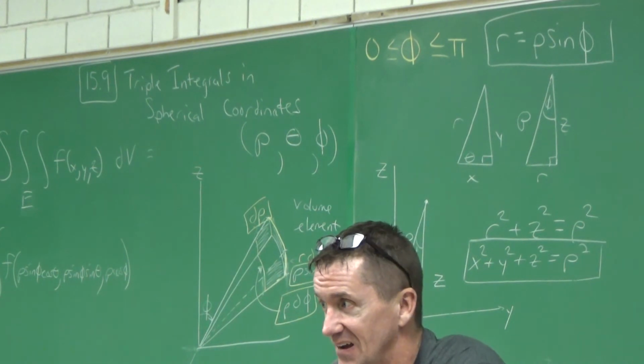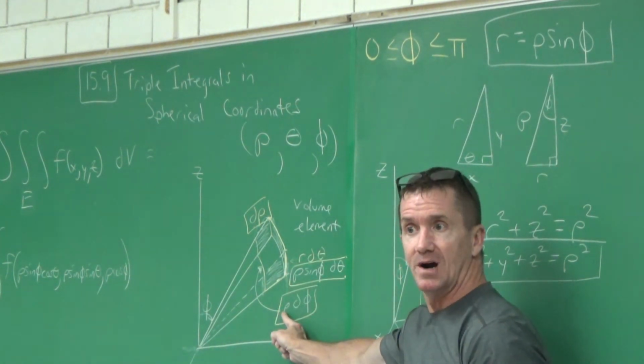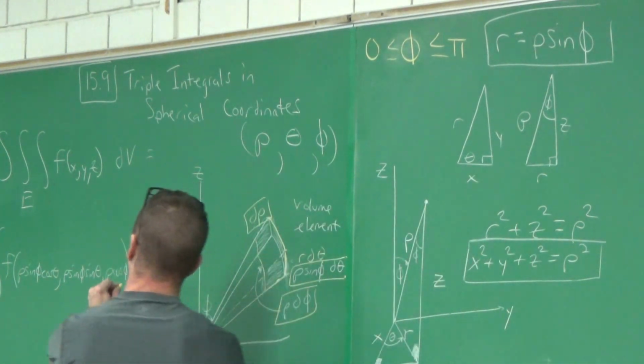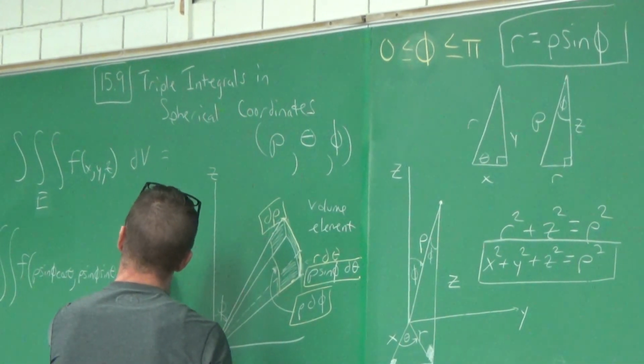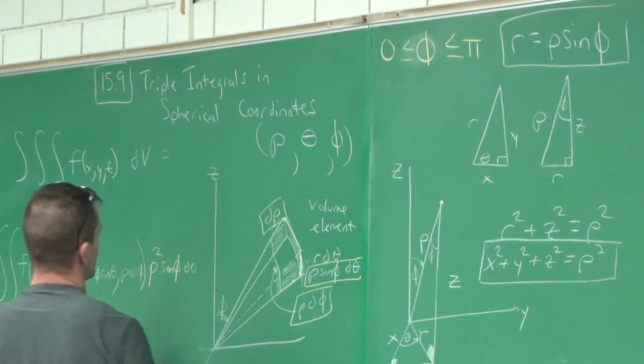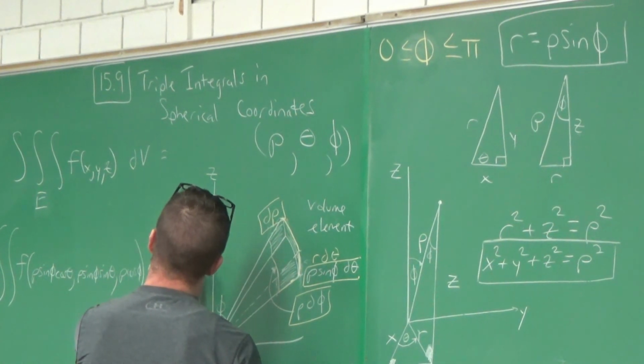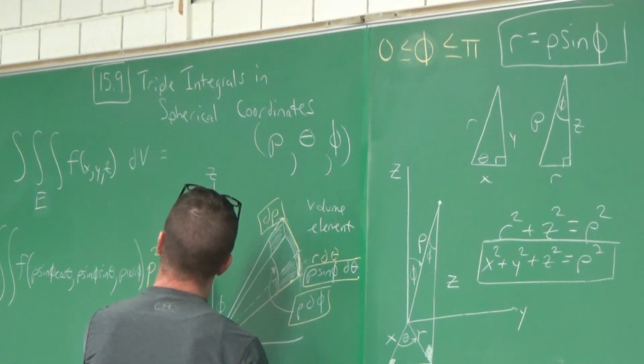How many rhos do you have in there? You've got two. It's a rho squared. Everyone see you've got a rho times a rho, making rho squared, and then there's a sine of phi, d rho, d phi, d theta. I got all three.